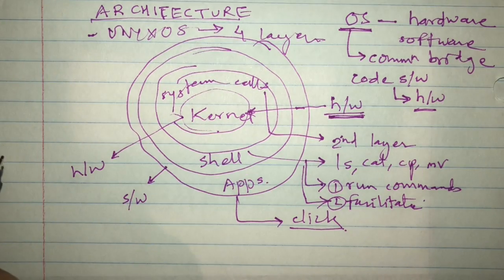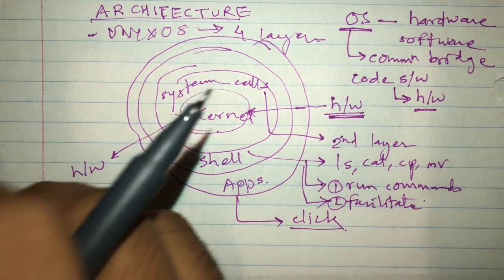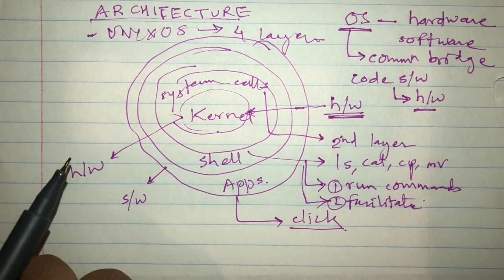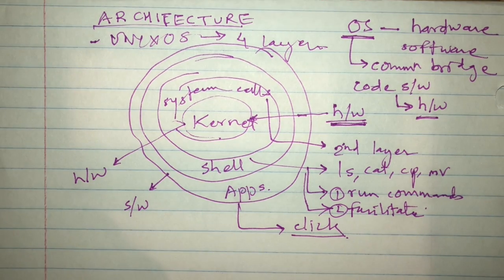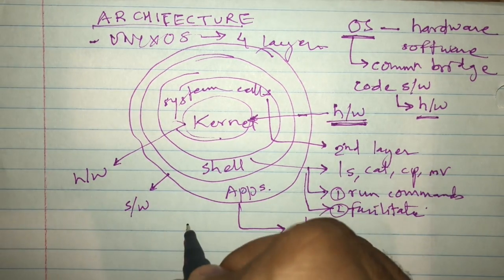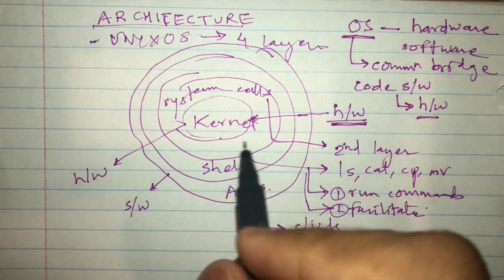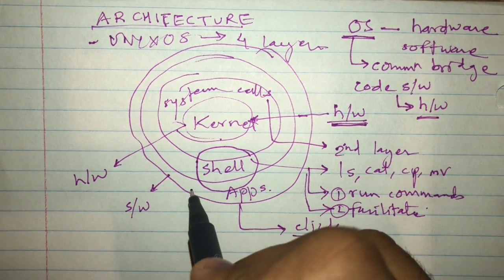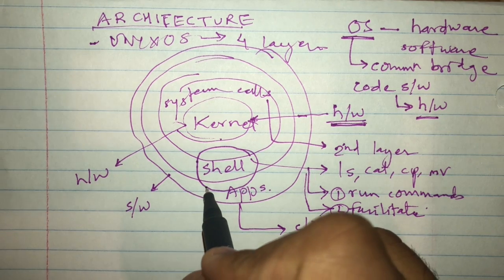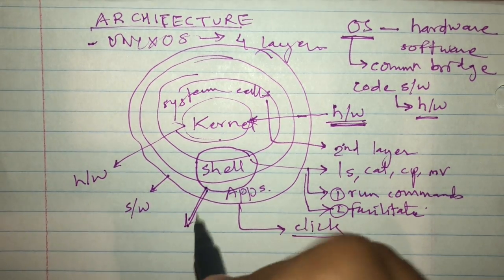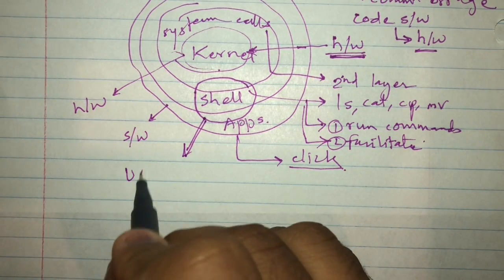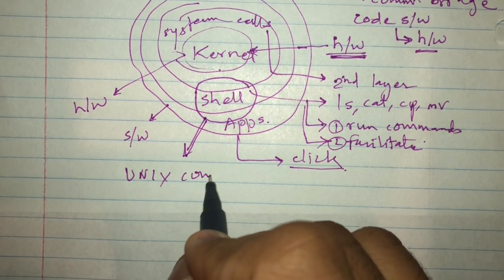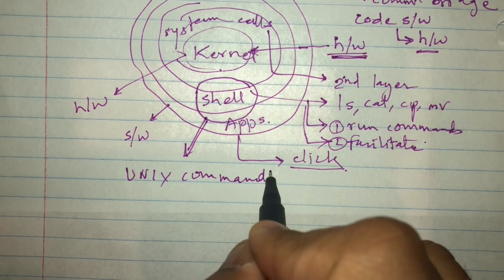This is what the simplest form of the Unix operating system architecture looks like. Let me think if I am missing anything else I want to convey. For our course, I think the shell is more important. The shell layer is the most important component for us, because it contains all the Unix commands, which we are going to see in a couple of videos.